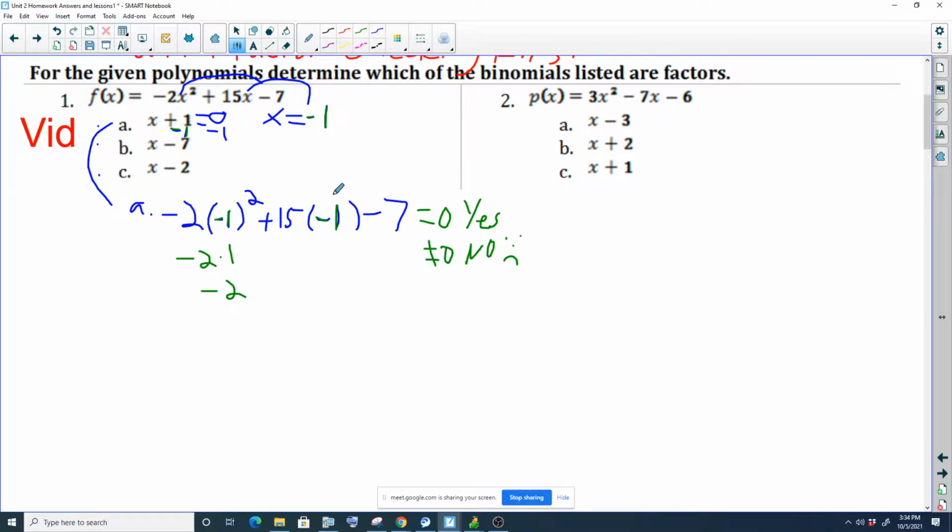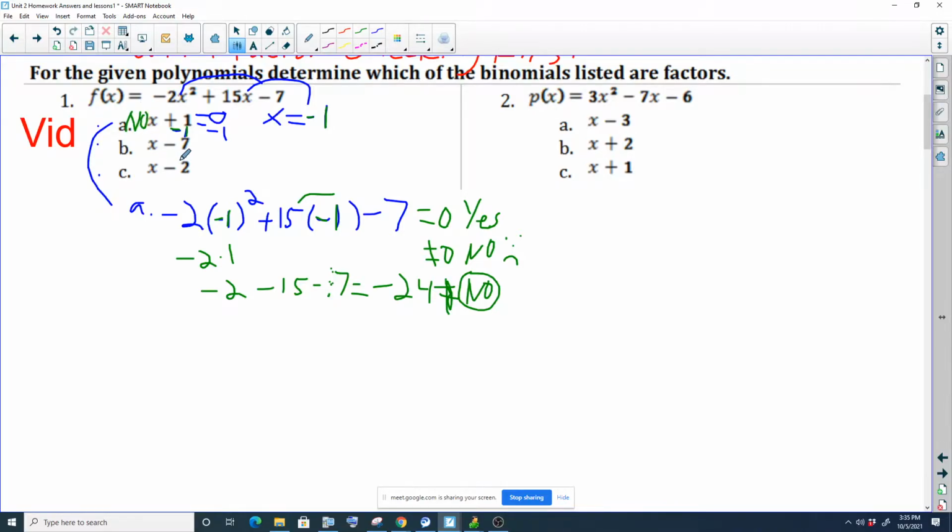And then 15 times -1 is a -15. Then we bring down the -7. -2 minus 15 is -17, minus 7 is -24. Darn. So we got -24, which is not a 0. That just means it doesn't divide into it evenly. So part A would be no, not a factor.